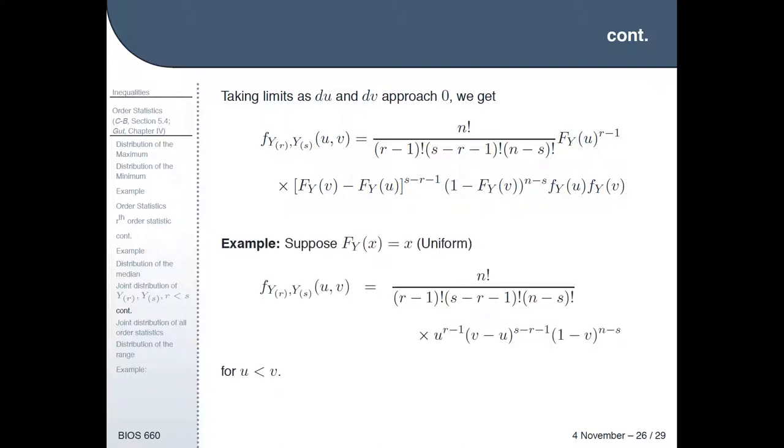So, for instance, if we take the uniform example again, and take the joint density of the rth and sth order statistics, the PDF would look like that. Obviously, under the requirement that u is less than v, because the rth order statistic has to be less than or equal to the sth order statistic.